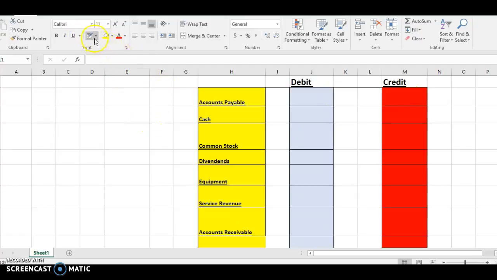Okay, so credit we see is $1,260 for accounts payable.